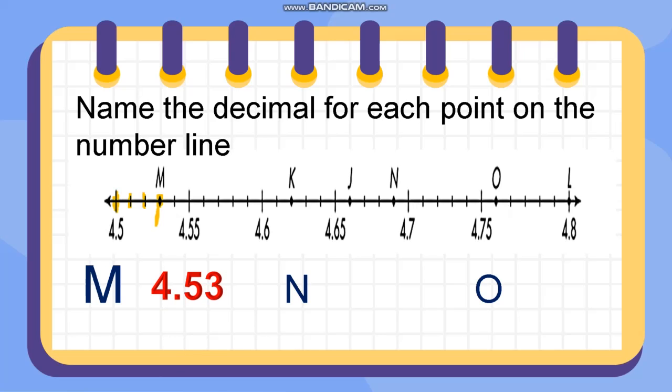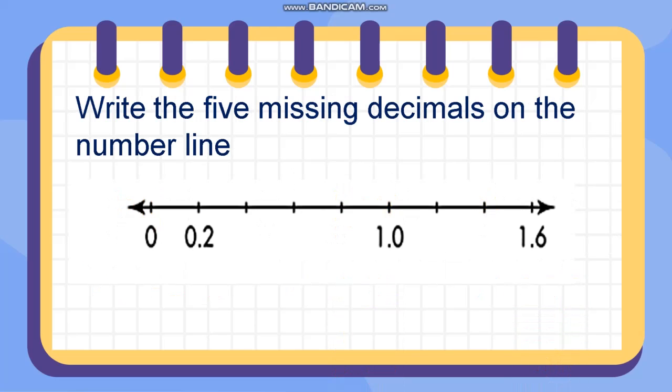Letter N is here. So this is 4.65, 66, 67, 4.68, 4.69 or 4 and 69 hundredths. Letter O, this is 4.75 followed by 4.76 or 4 and 76 hundredths.